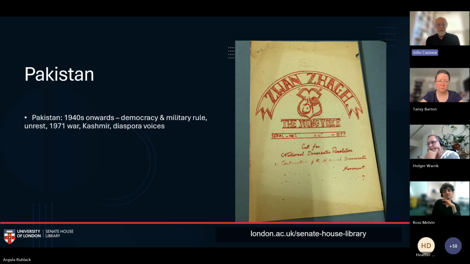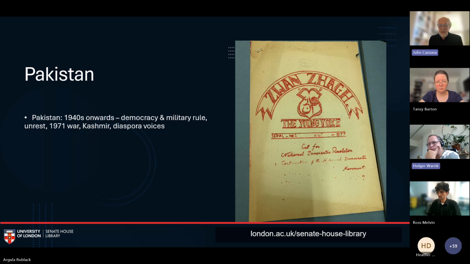Many of the materials relate to periods of political unrest, including resistance to military rule and debates surrounding the 1971 civil war that led to the formation of Bangladesh. Some documents also touch on the Kashmir conflict and include voices from the diaspora and exile organizations.